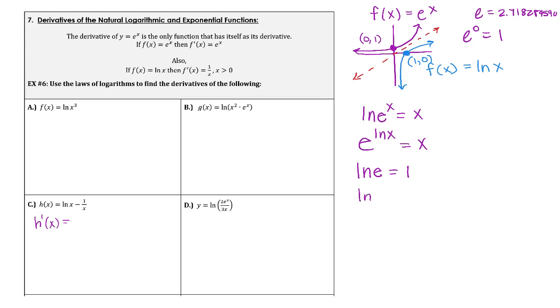Natural log of 1 equals, it's 0. It's on the graph right up there. It's early. You guessed correctly. Natural log of 1 is 0.